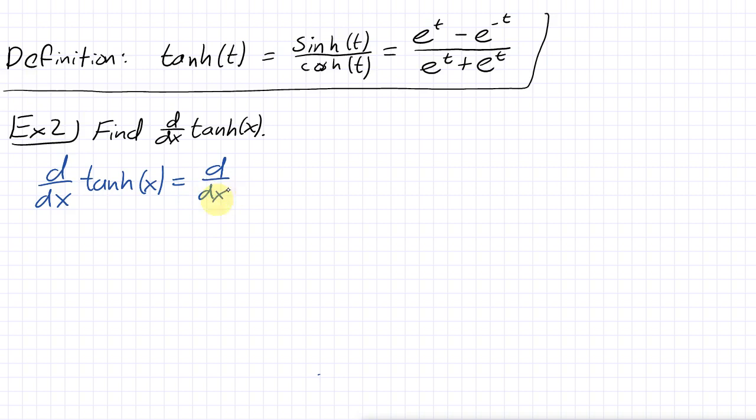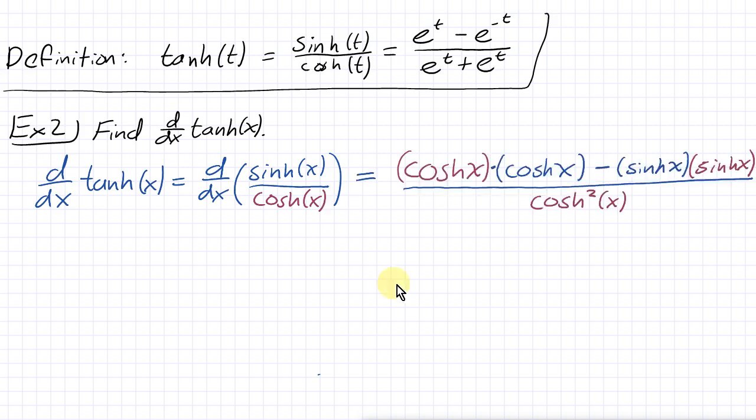So the derivative with respect to x of tanh of x is the same thing as the derivative with respect to x of sinh of x divided by cosh of x. And to do that, we're going to need to use the quotient rule. And the quotient rule gives this result. It's a little tricky to follow, but that's why I tried to make the denominator here purple.